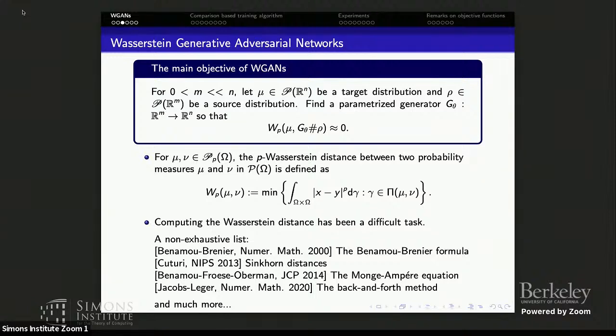And also the last work by Matt here and also Flavien. In this work, they use the contribution duality formulation to compute the Wasserstein distance between two measures. And there are many more works regarding this.